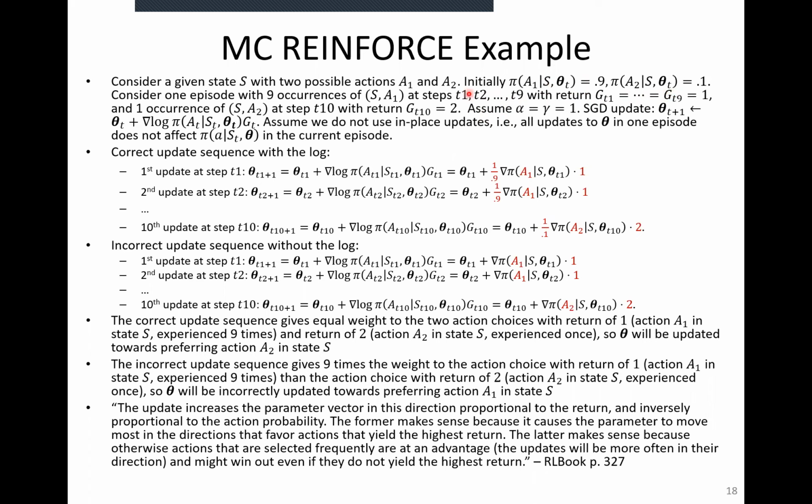So anytime you take action A1 from state S, you get a return of 1 after the episode ends. And one occurrence of S, A2 at step T10 with return of 2. Assuming alpha equals gamma equals 1 for simplicity, the gradient update is simplified to this equation.